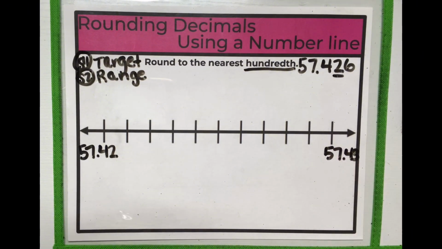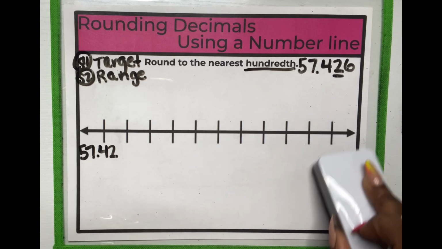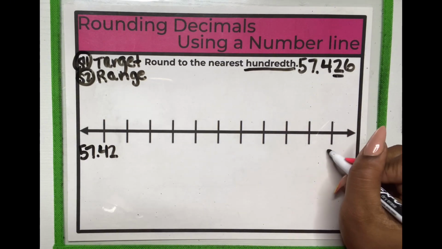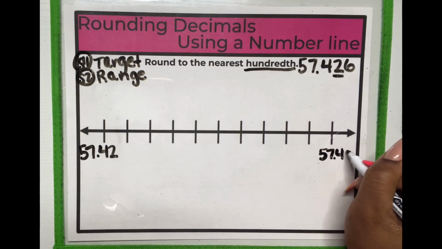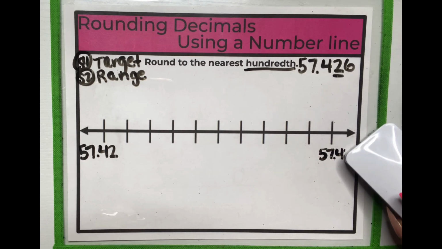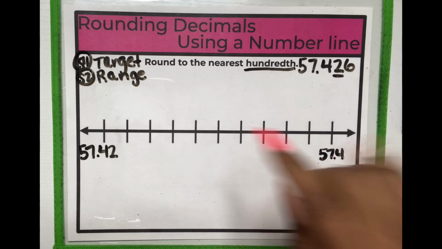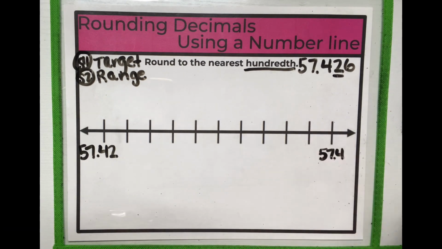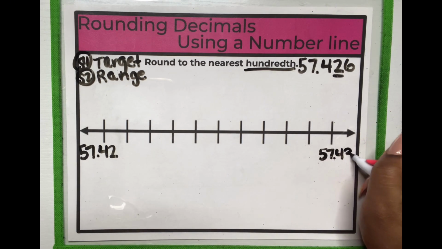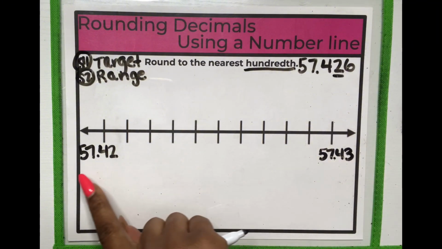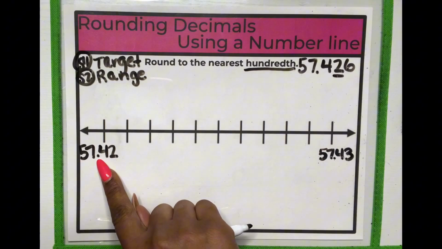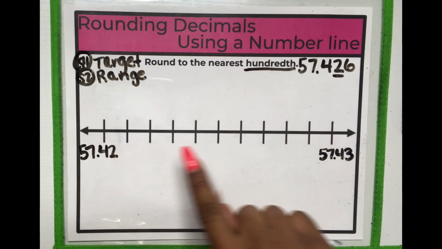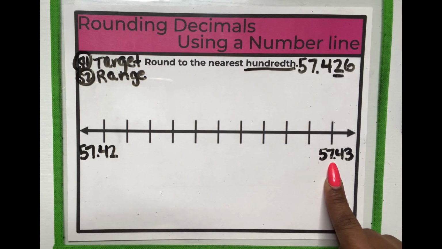Now, as you can see, our number goes to the thousandths place. So when we go within our number line, the pieces are getting smaller and smaller. These pieces within here are going to be in the thousandths place. Again, our endpoints are 57 and 42 hundredths to 57 and 43 hundredths.